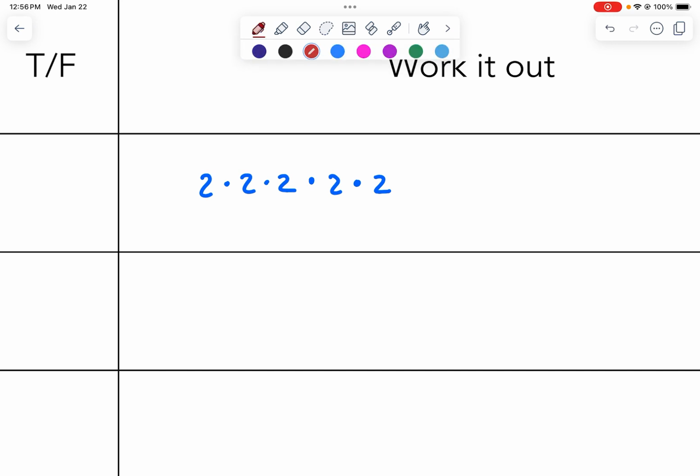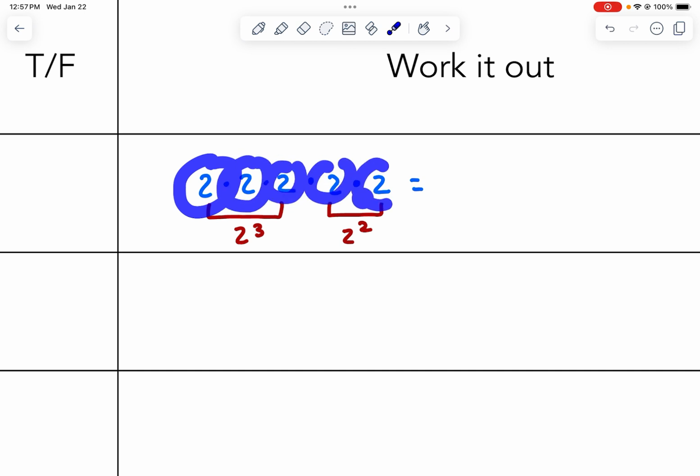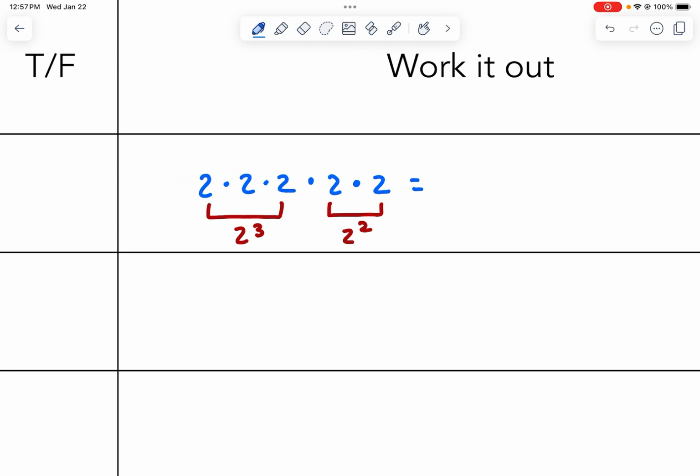So here, once again, we have 2 to the third from this group, and then 2 to the second power from that group. But notice, when you count up all the 2's here, we have 1, 2, 3, 4, 5. We have only 5 2's being multiplied by each other.